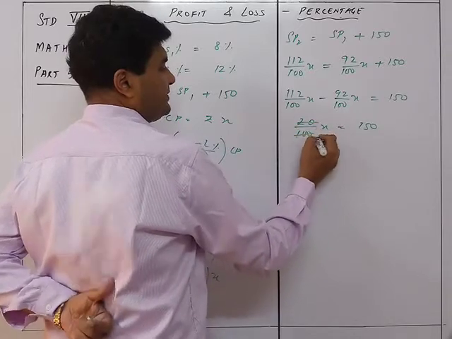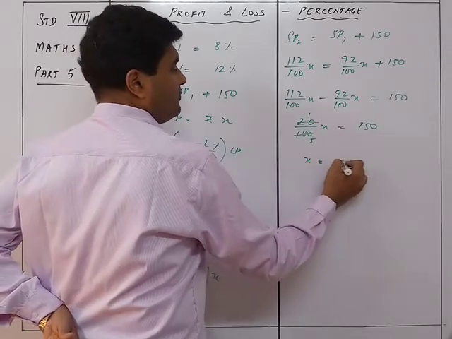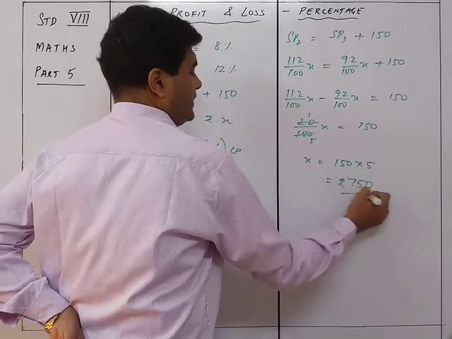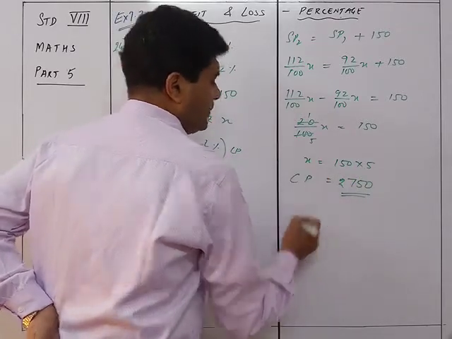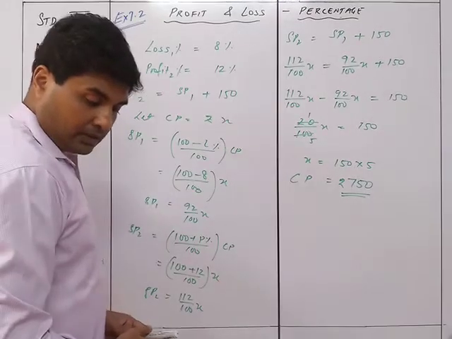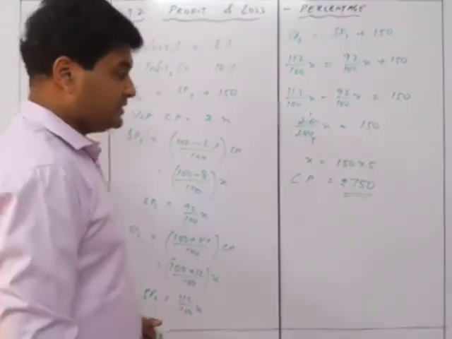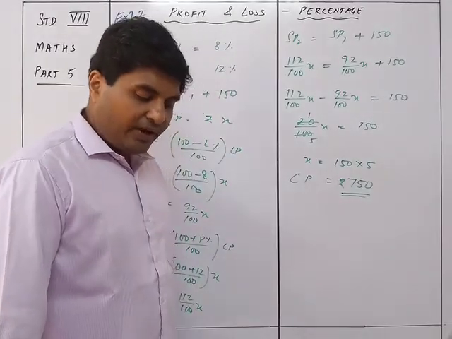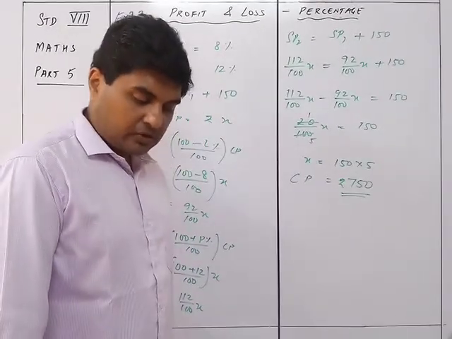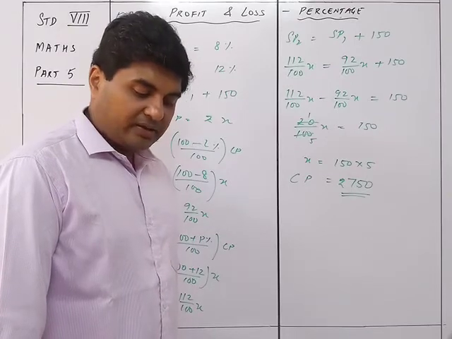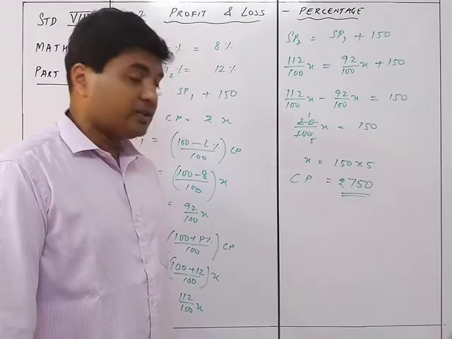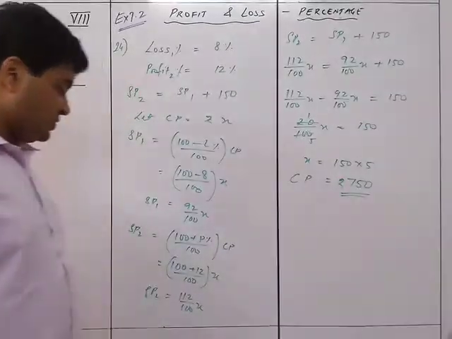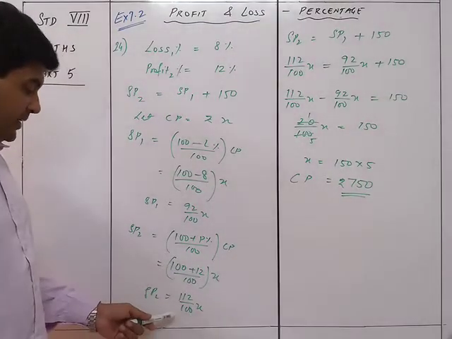So this is 5, so x is equal to 150 into 5, is equal to rupees 750. So therefore the CP of the purse is 750. Now you need to find out the selling price of the purse, not the cost price. What we have got right now is the cost price, so we will need to find out what will be the selling price.